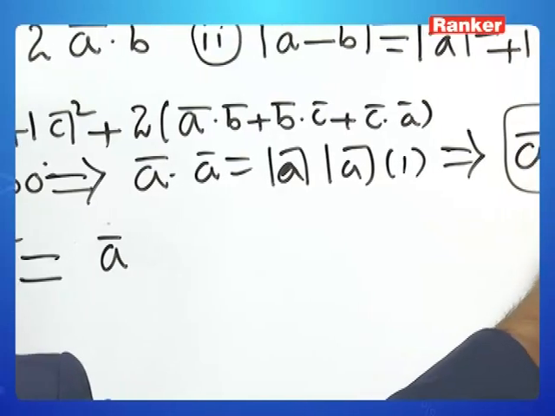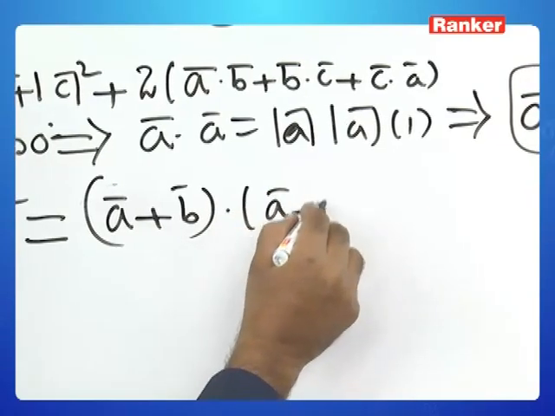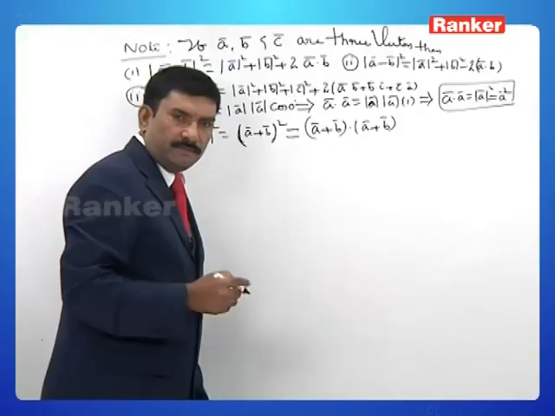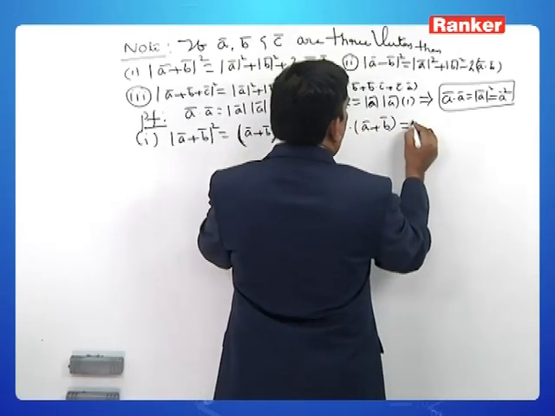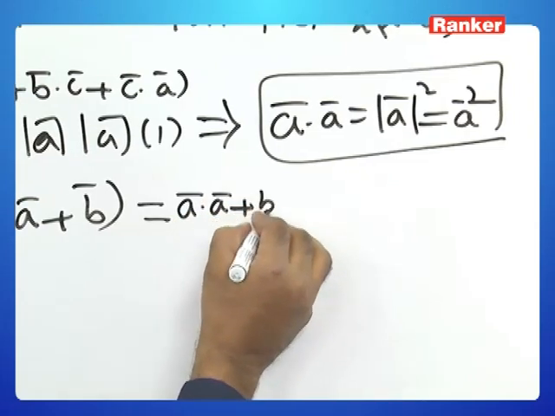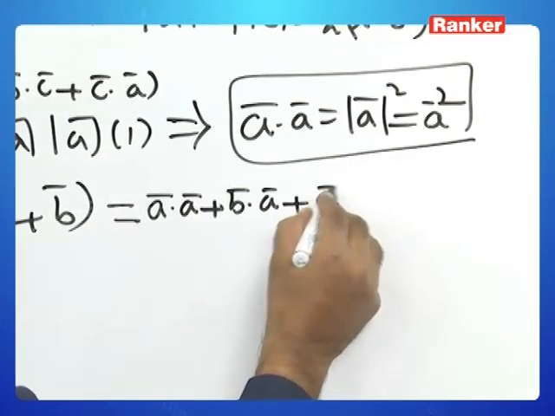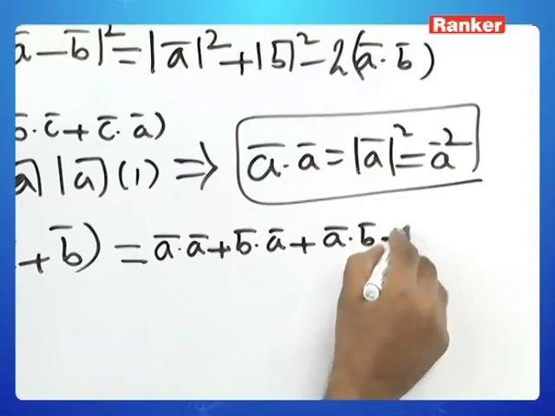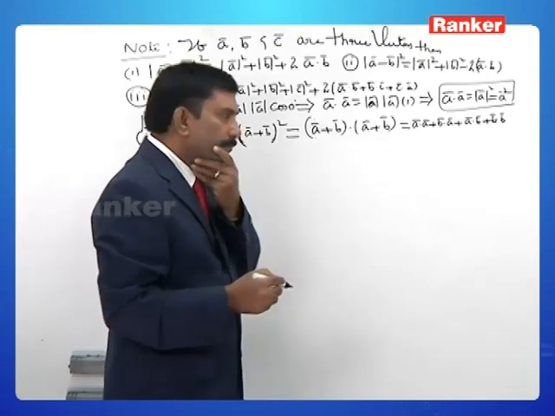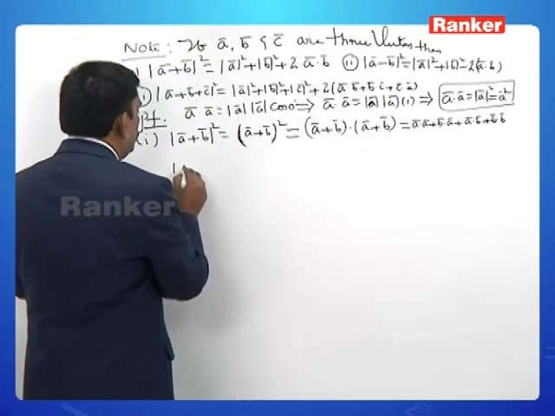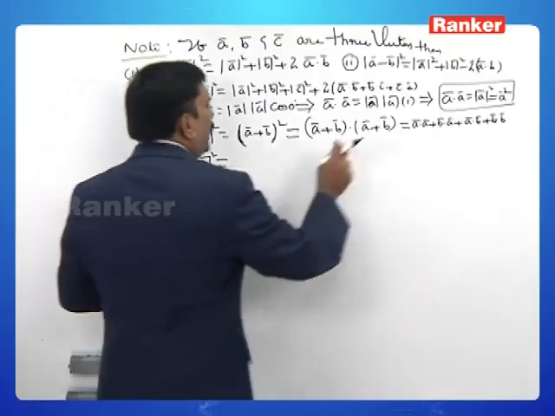Instead of expanding, let us give still vector treatment for this. Now I can take the ordinary dot product: A dot A, B dot A, this with this with this, plus A dot B plus B dot B. What is A dot A?